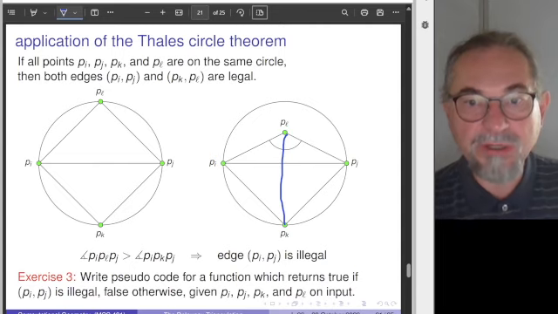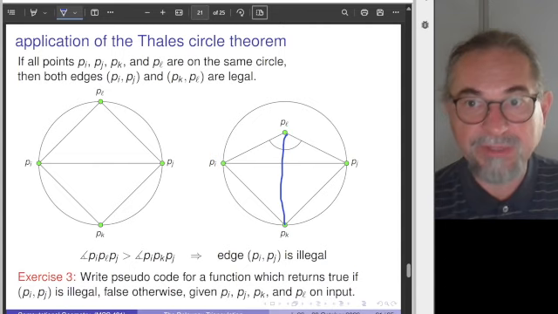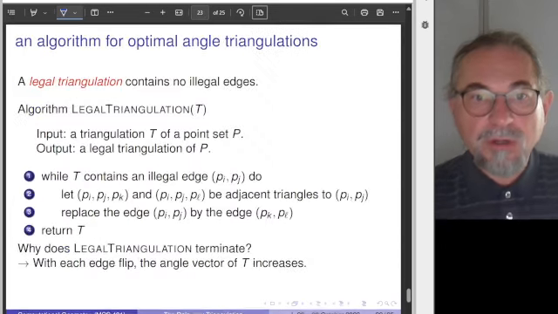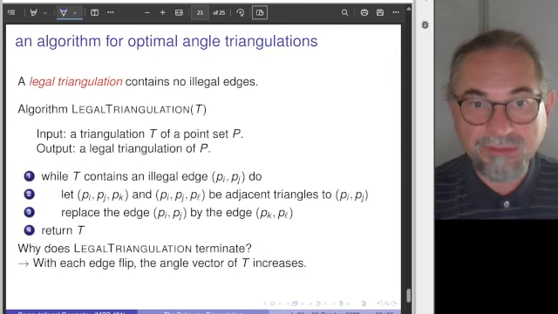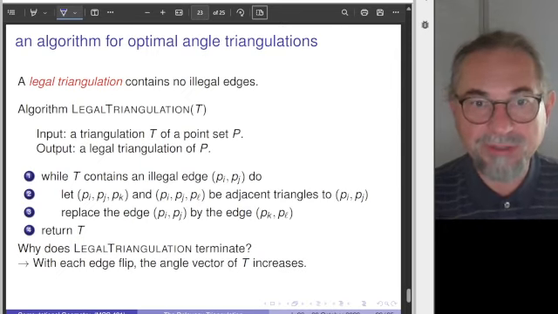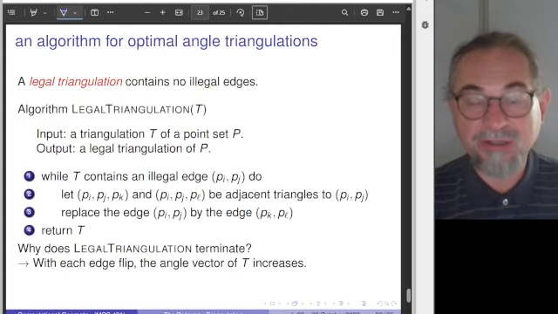So we have a criterion to decide via the application of Thales circle theorem. We have an application to decide whether to flip or not to flip. All right, we have a function that runs in continuous time. We start from any triangulation, and at the end we will have replaced all the edges that are illegal.